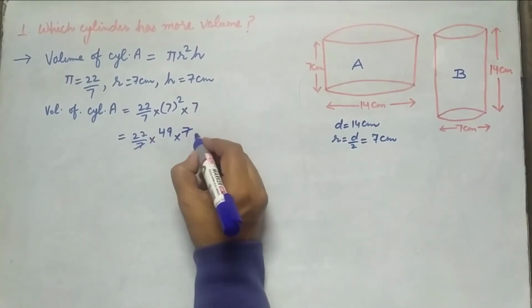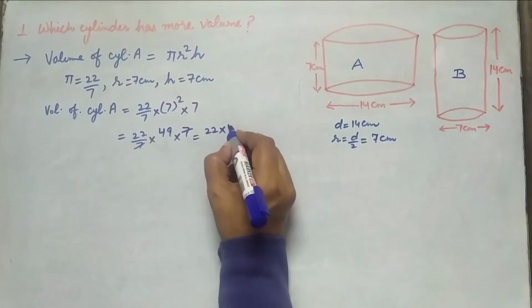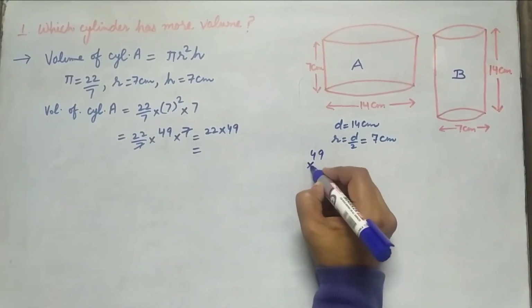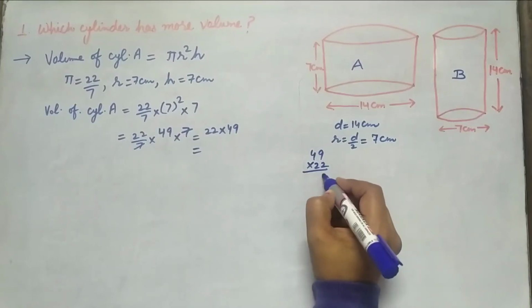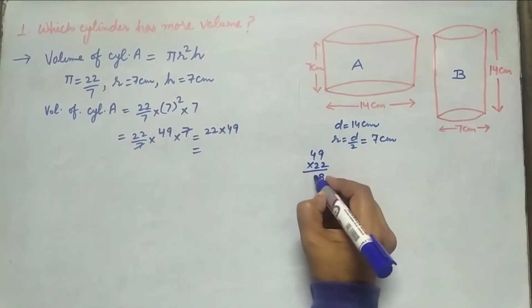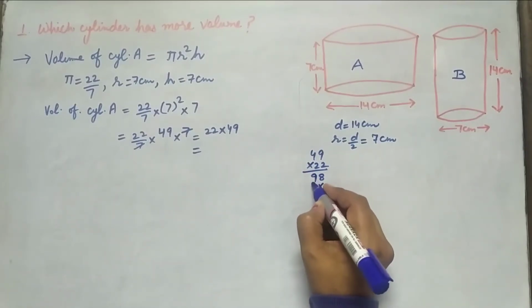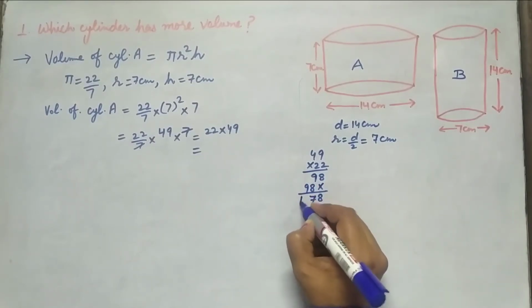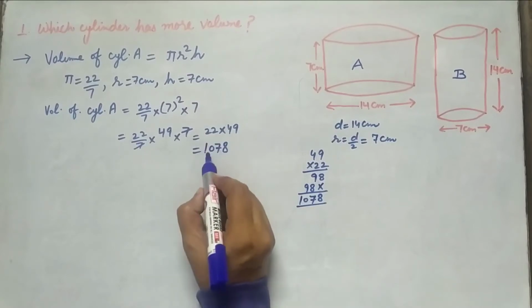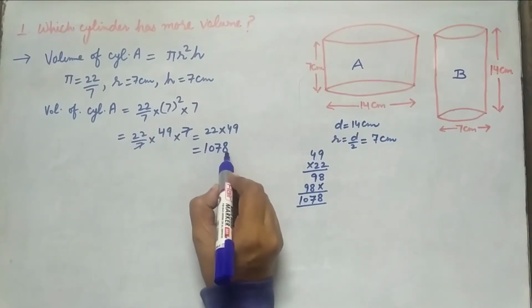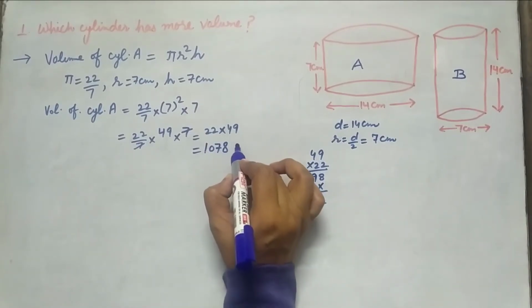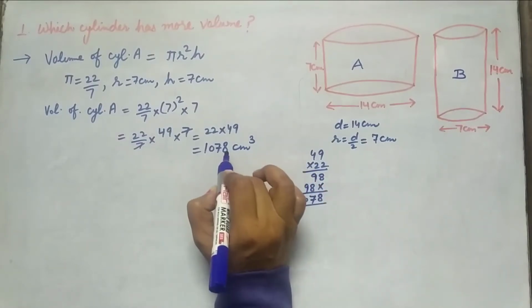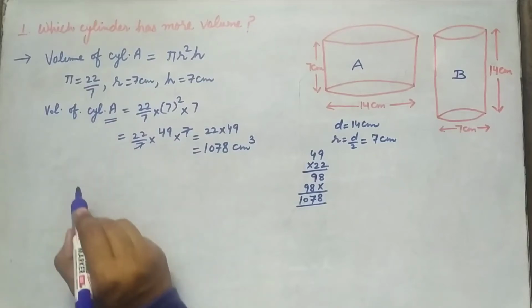Cancelling, we are left with 22 into 49 and multiplying these two, 49 into 22, 9 2s are 18, 4 2s are 8 and 1 is 9. Then again 98 here and the total 1078, and the units of volume will be centimeter cube. This is the volume of cylinder A.